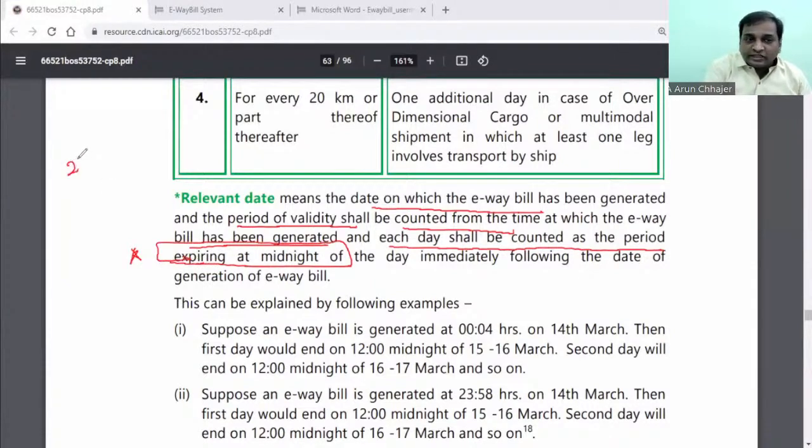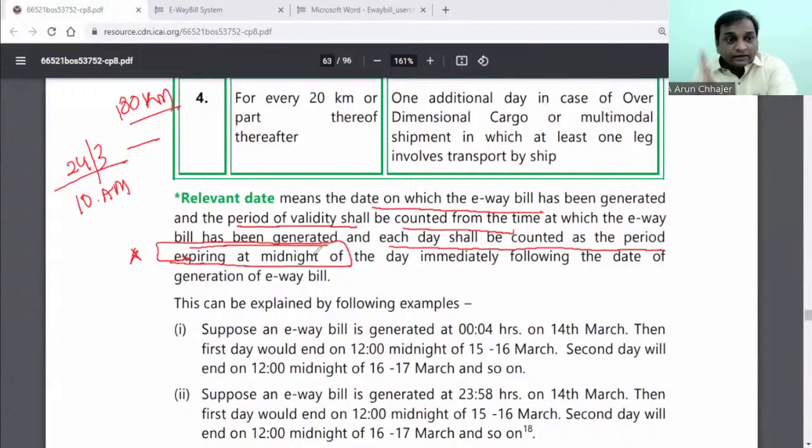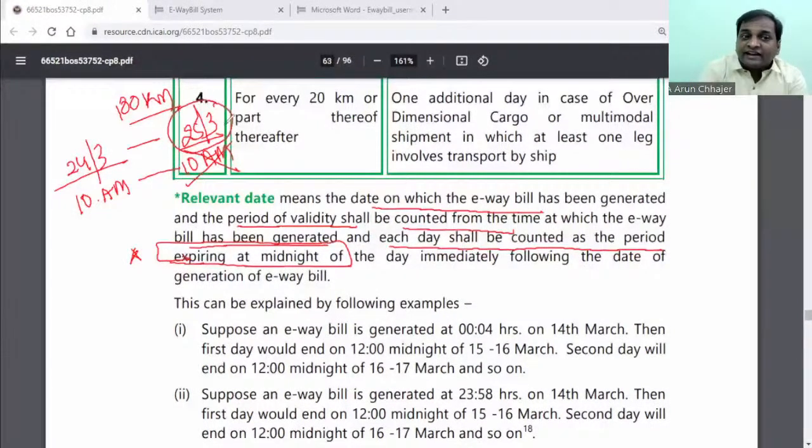For example, on 24th March I generate the Eway Bill at 10 a.m. Distance is 180 kilometers. It is valid for 1 day, so it will expire on 25th March. But at what time? Will it be 10 a.m.? The answer is no. It will remain valid till the midnight of the expiring date.